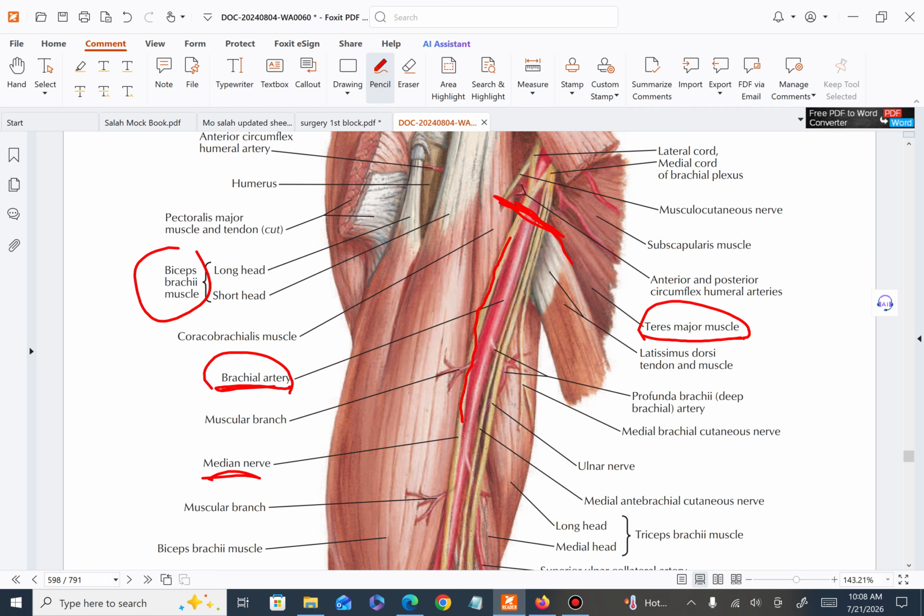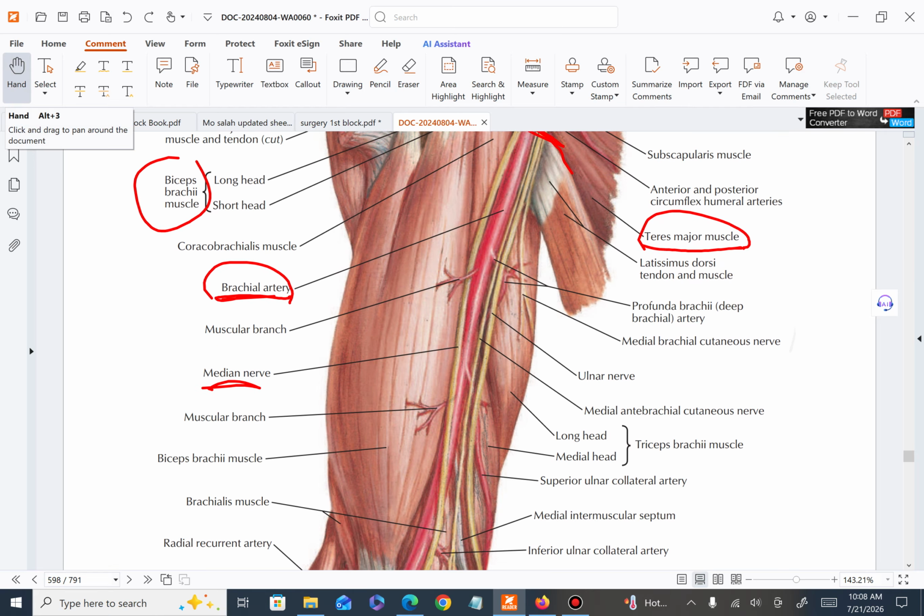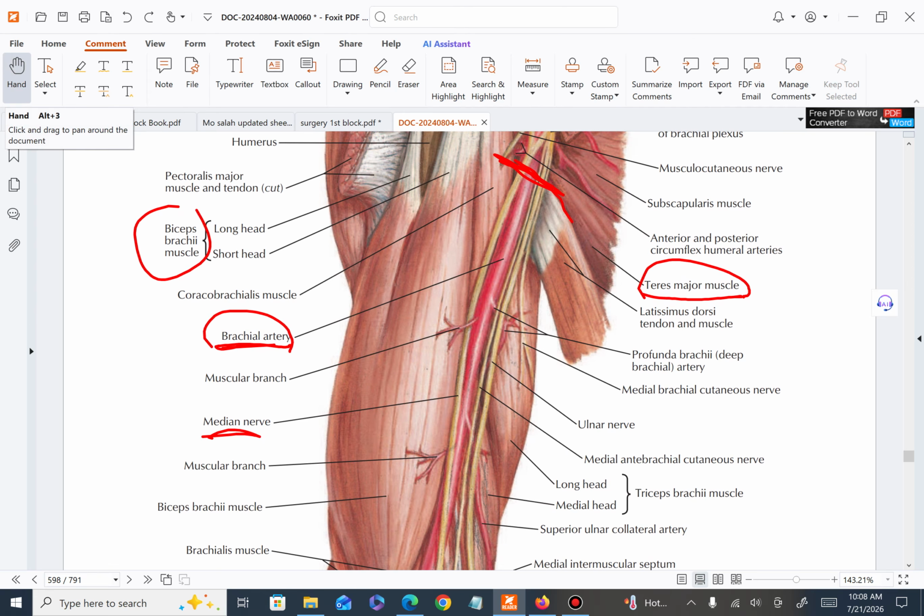Okay, so it is related to the brachial artery in three ways. In the upper arm region, the median nerve is lateral to the brachial artery.